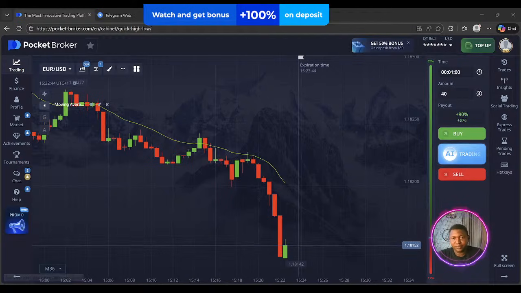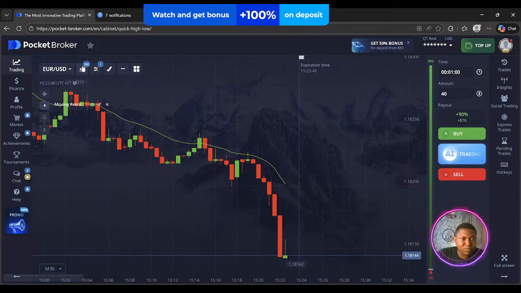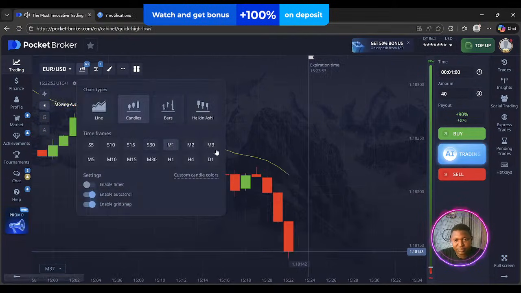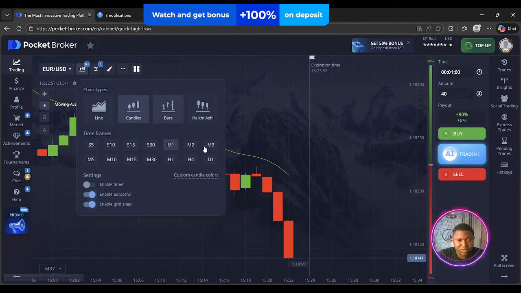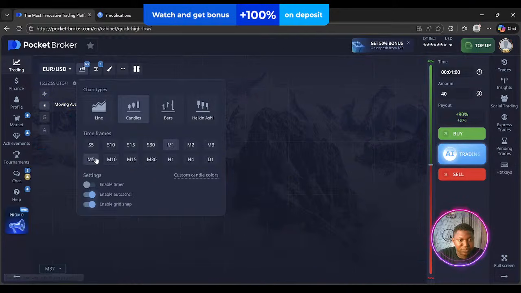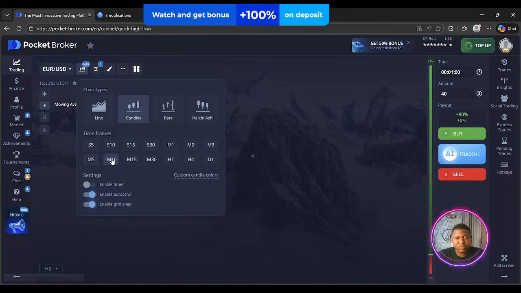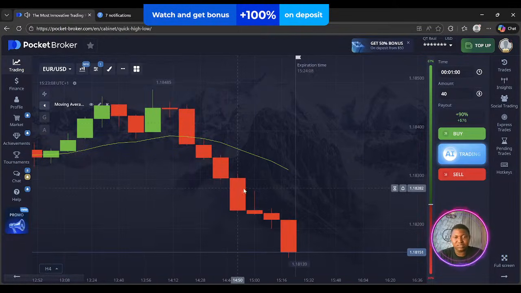All right, let's continue our trade. The market is coming down. Let's check another time frame. On the 1 minute time frame, the market is still going down. On the 5 minute time frame, the market is still going down. The 10 minute time frame is going seriously down.